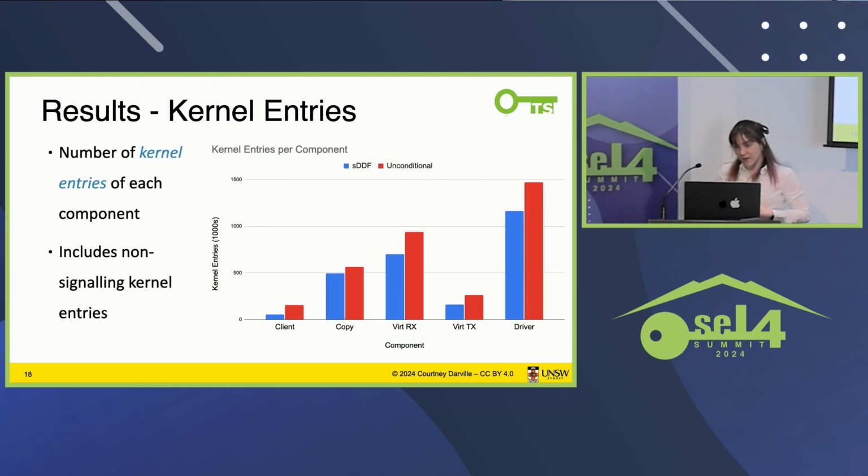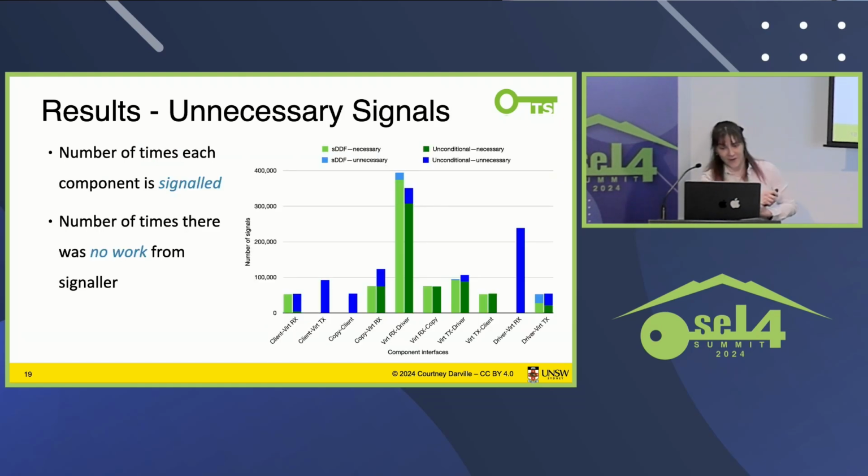So potentially a more helpful graph is the number of unnecessary signals. So these are signals where a consumer is awoken by a producer, only to find that there's no work to be done that has been given to it by that producer. So the columns on the left correspond to the sDDF signaling protocol, and the right are the unconditional. And you can see from the fact that you can hardly see any light blue that we don't have many unnecessary signals.